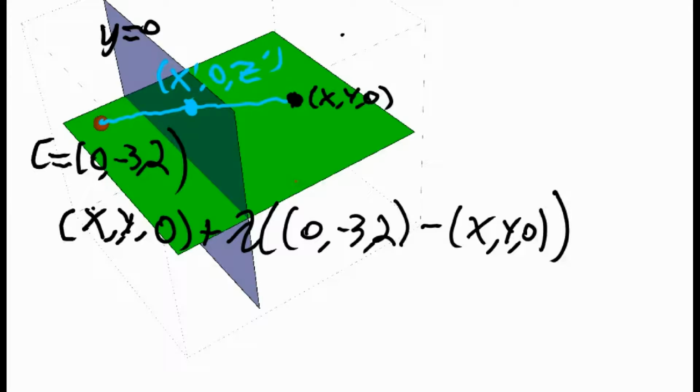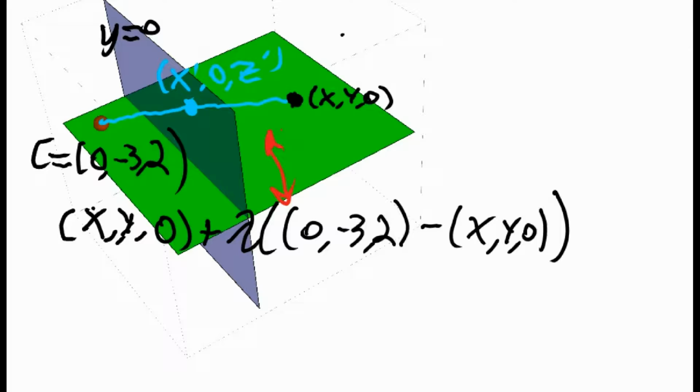Now, the reason that all the points on this ray from x, y, 0, the object on the scene, to the viewing point C, can all be written in this form is essentially that this equation is saying that we start from x, y, 0, and then we go lambda in the direction equal to C, take away the coordinates of our object, x, y, 0.